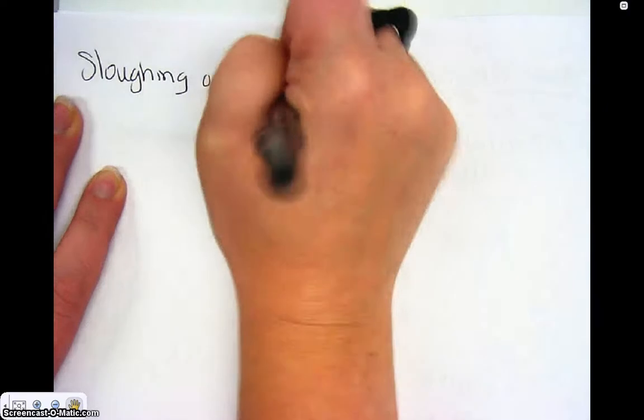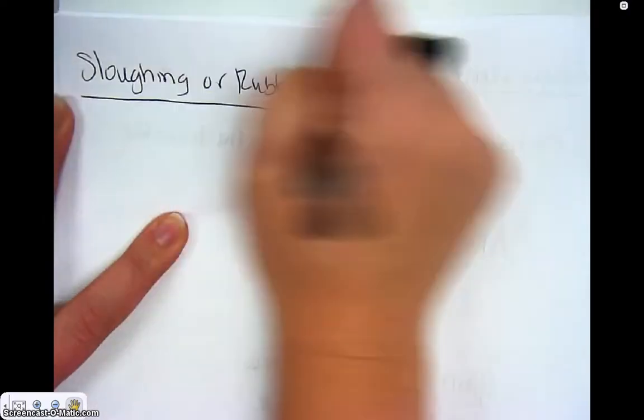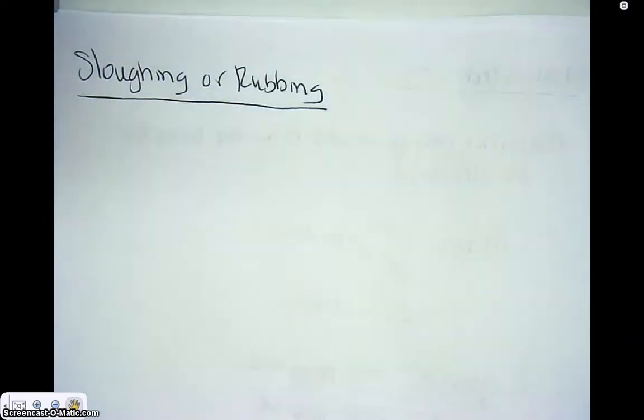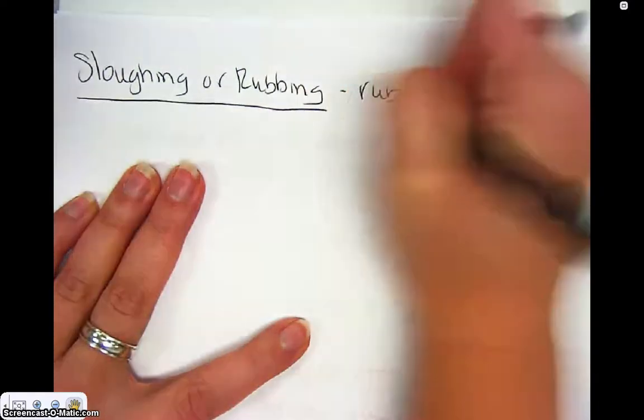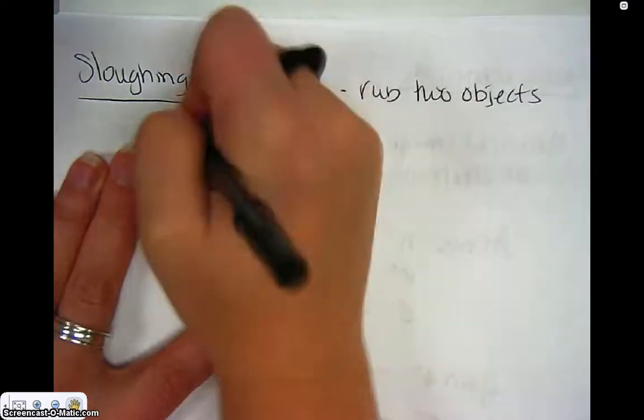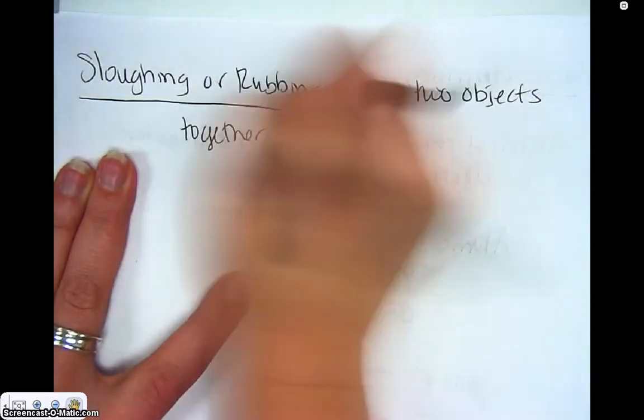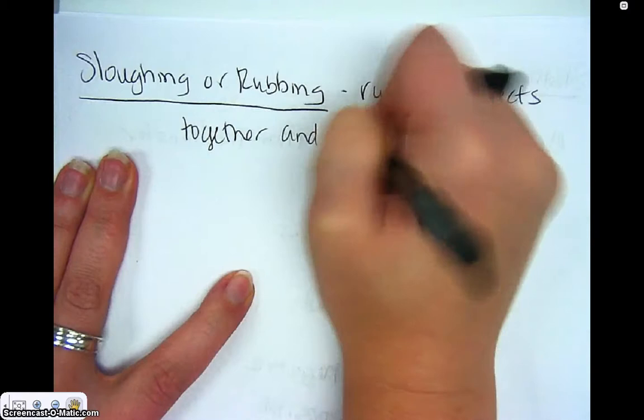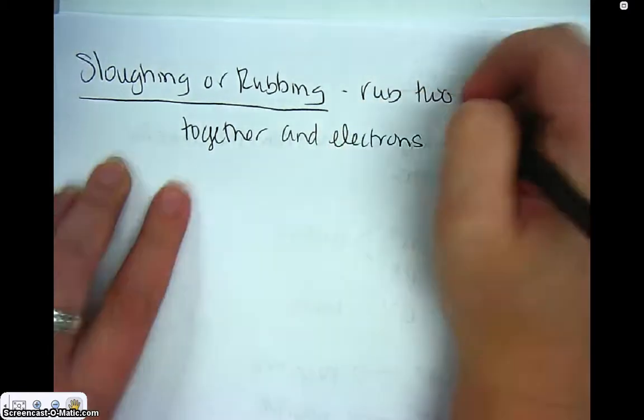And this is like what happens when you walk across the carpet and you rub your feet across the carpet and then you touch the light switch and you shock yourself, right? So when you rub two objects together, electrons move from one object to the other.